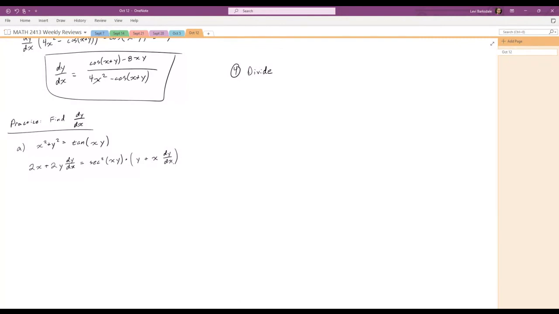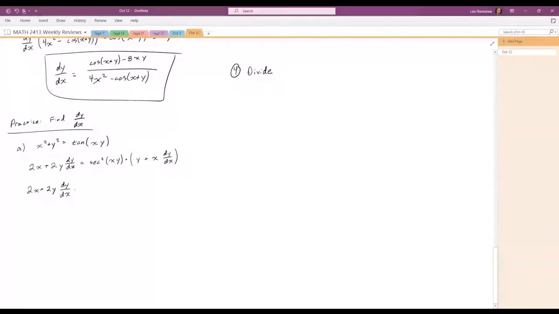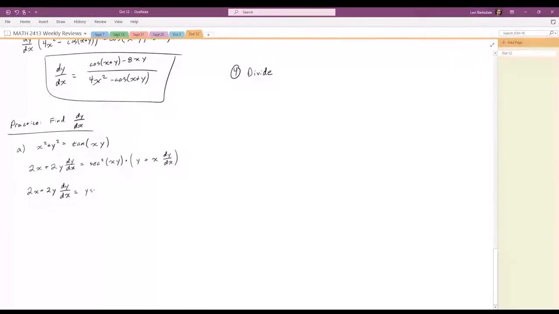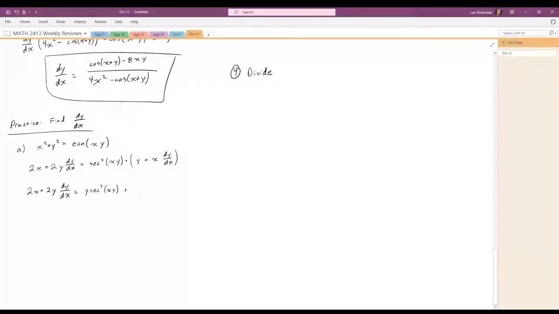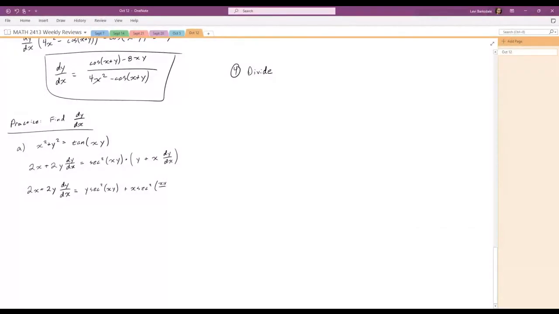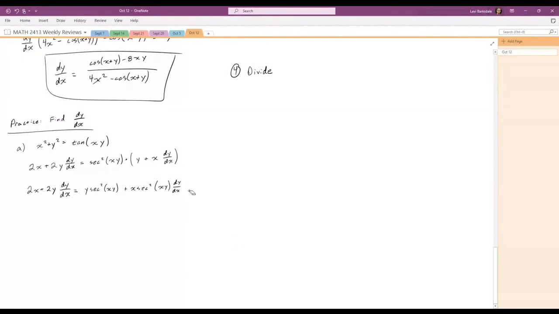So again, I'm going to distribute secant squared of xy. And then I have plus x secant squared of xy multiplied by dy dx. Now again, I'm going to put anything with the dy dx attached to it on one side and everything else on the other side.